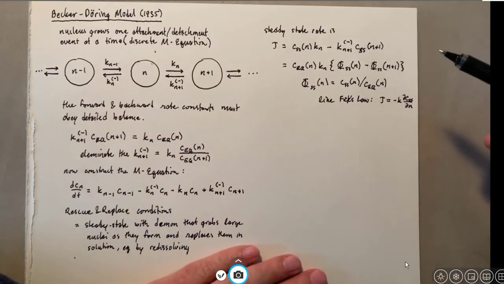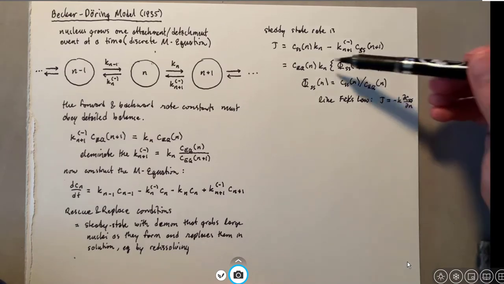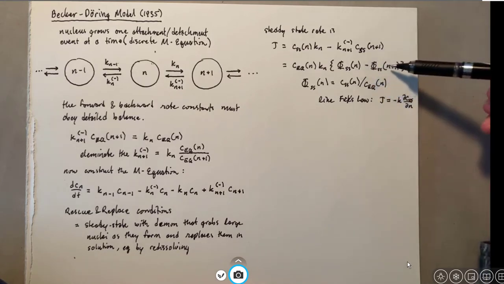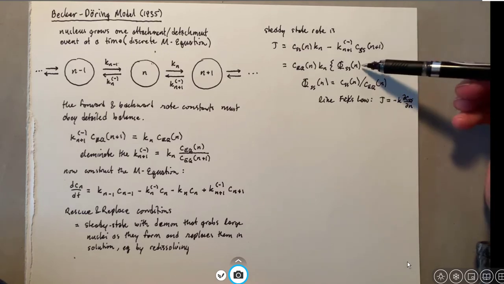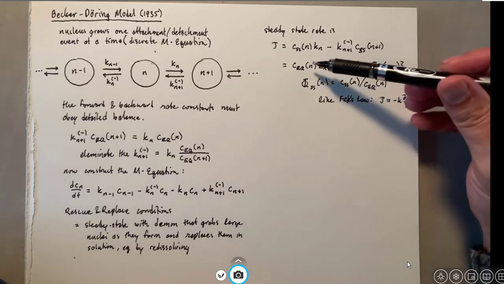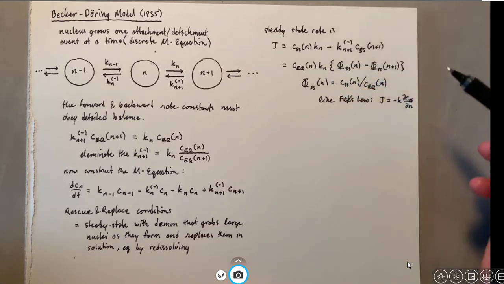We have a flux that is a rate constant multiplied by a derivative of the steady state concentration with respect to n. The fact that we're subtracting the n plus 1 from the n instead of the opposite is why we have a negative sign here. And we are writing this steady state concentration as an equilibrium probability multiplied by that difference in the steady state phi values.